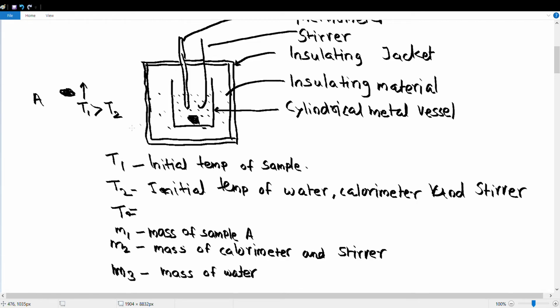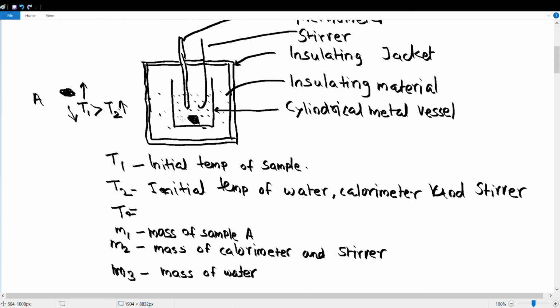When that water gains that heat, its temperature naturally increases. And when this sample exchanges heat to its surrounding, its temperature decreases. Means here this T1 decreases, this T2 increases.